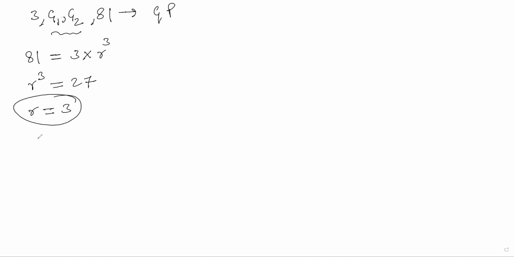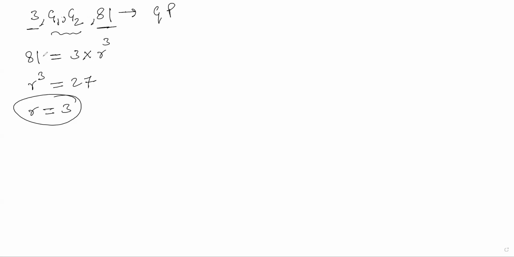Sir, which question is this? 26. Question number 26. We have to insert 2 numbers between 3 and 81 such that the resulting sequence forms a GP. So basically, what we have been asked is to find out 2 GMs between 3 and 81.